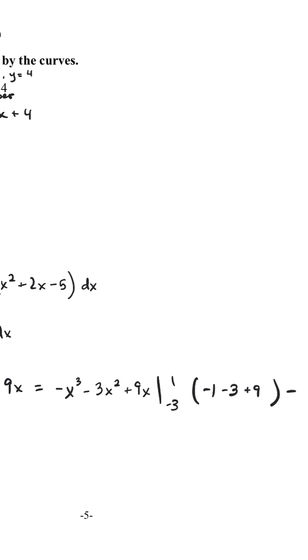Then we subtract the value of the antiderivative at the lower bound. So negative 3 cubed is negative 27, multiplied by negative 1 is positive 27. And then negative 3 squared is 9. 9 times 3 is 27, that's minus 27.